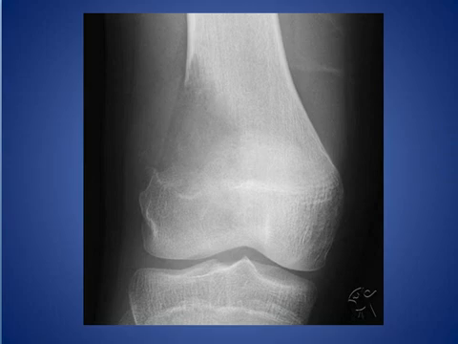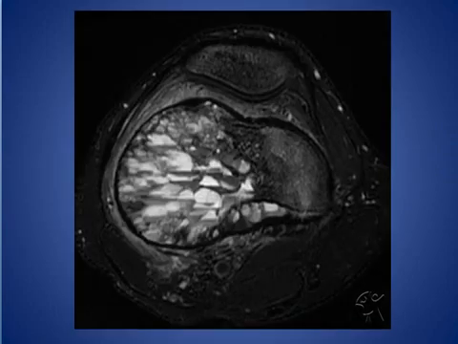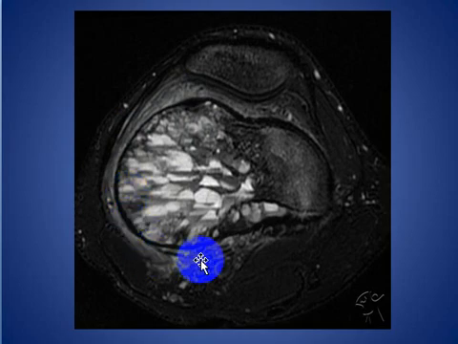We ask for further evaluation, MRI for this patient, and here we have the T2 weighted images in the axial cut, and we see multiple fluid levels involving the described lesion.